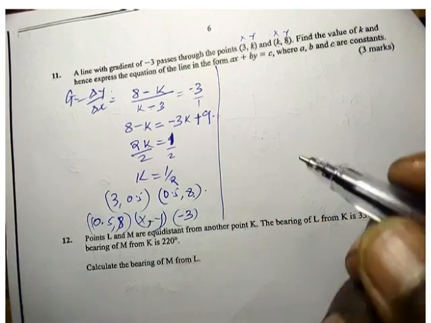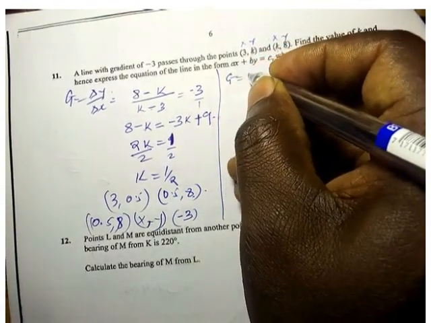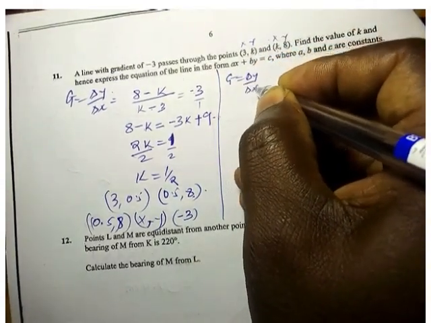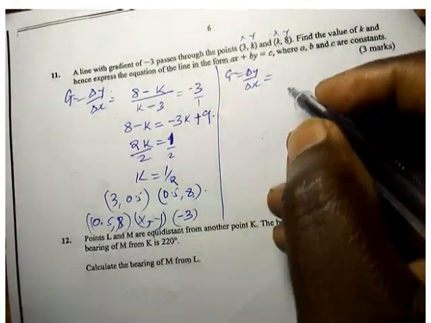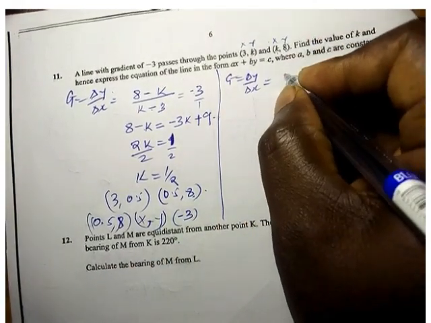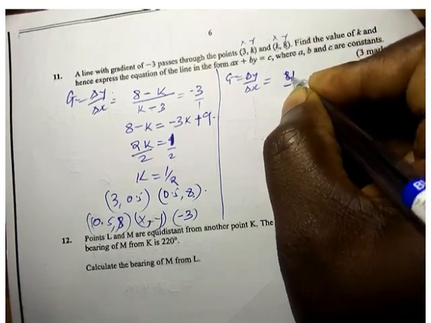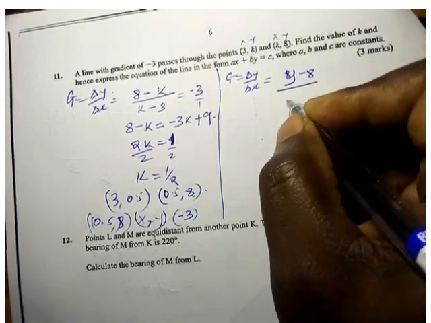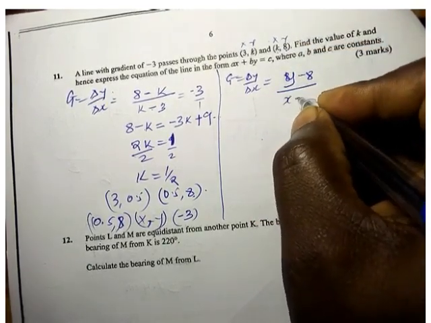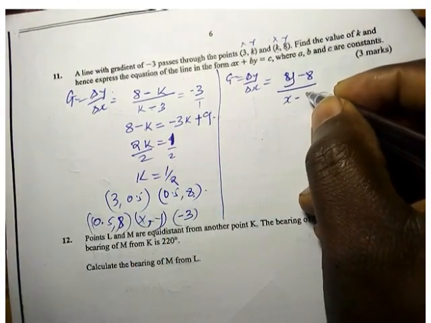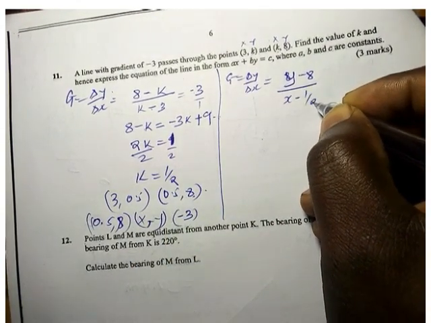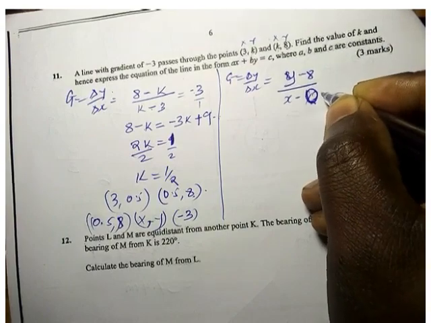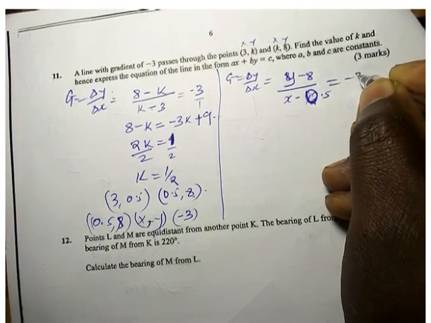But I know the gradient is equal to change in y over change in x. So now my point is 8, that is y minus 8 divided by x minus 0.5 or a half. And the answer is negative 3.